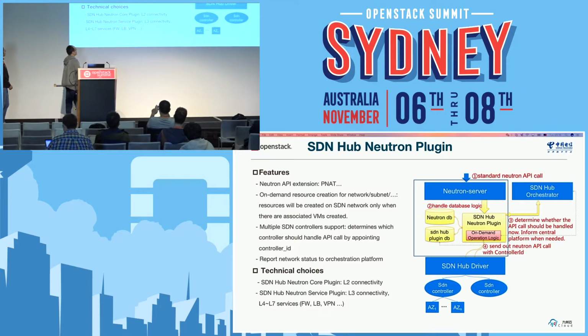Okay, let's look at another important part. This is the task finished on OpenStack Neutron. And we will use SDN Hub Neutron plugin to replace the current modular layer 2 core plugin, and to support the Neutron compatible API layer.